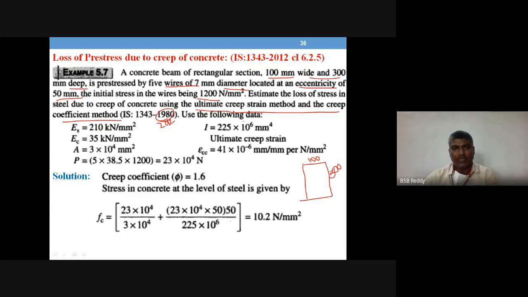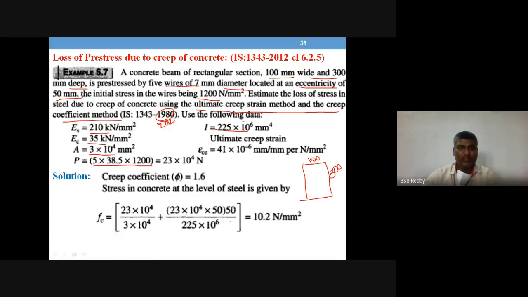So the latest versions of the textbook have to be taken, and use the following data. Young's modulus of steel is given; the I value you can calculate, no need of the data. Young's modulus of concrete is given, and the cross-sectional area is 300 into 100.